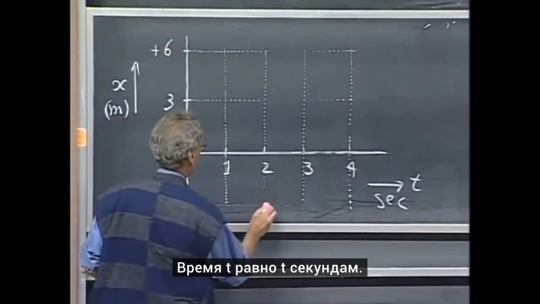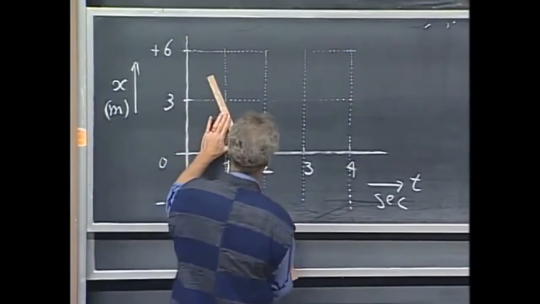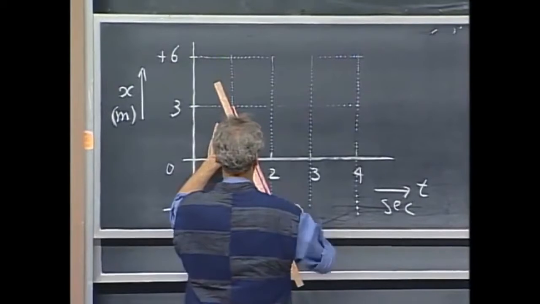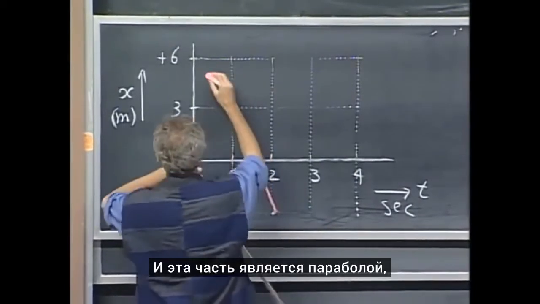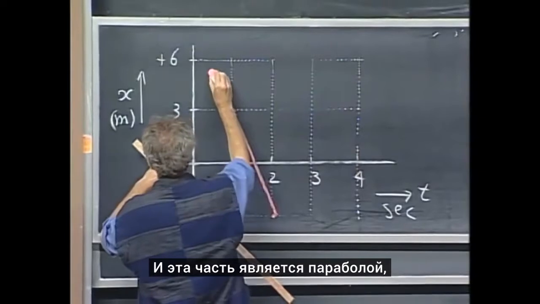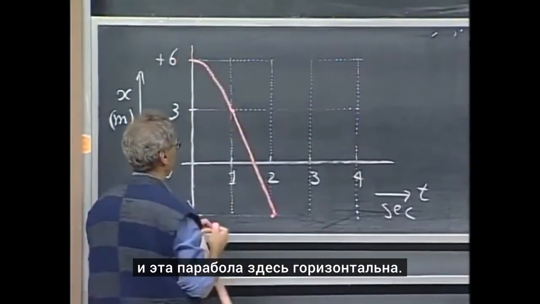At time t equals t seconds, and this part is a parabola, and this parabola here is horizontal.